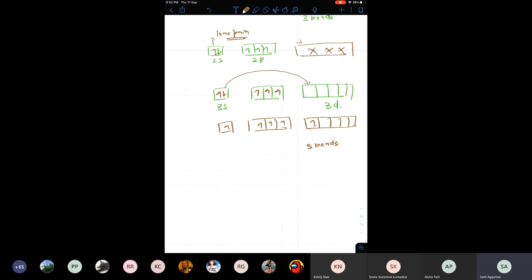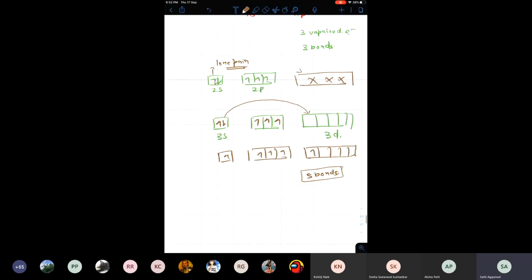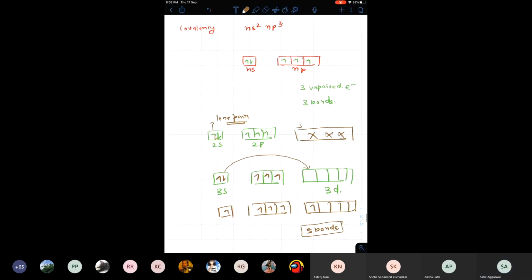While in all other elements, electron can be excited, so 5 unpaired electrons, 5 bonds. Understood? Copy it fast. All second period elements can have maximum of 4 bonds. All other elements down the group can have 6 bonds.